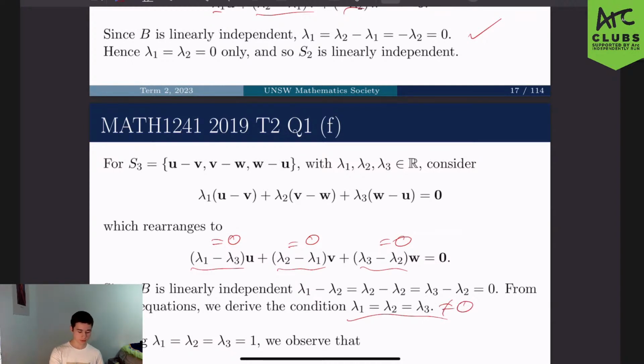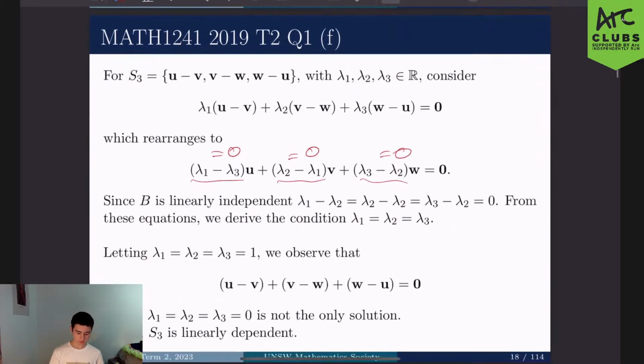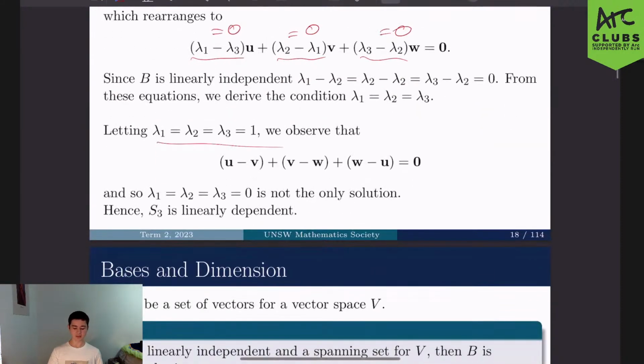So if we just have all of them equal to 1, as a simple example, we can clearly see that the sum of these results in the 0 vector, and therefore it is linearly dependent.